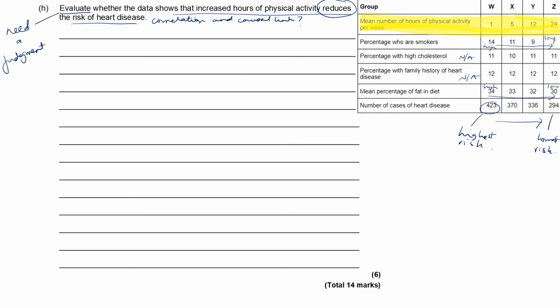And I can also see a correlation between mean percentage of fat in the diet, but it's a very small correlation. So the highest fat for the highest risks of heart disease is 34, and the percentage fat in those who have the lowest risk is only 30. So it's not a massive difference, but it's a slight correlation. I can also see that with the high cholesterol and the history of heart disease, there isn't really any correlation at all. And those who smoke, there seems to be quite a reasonable correlation.